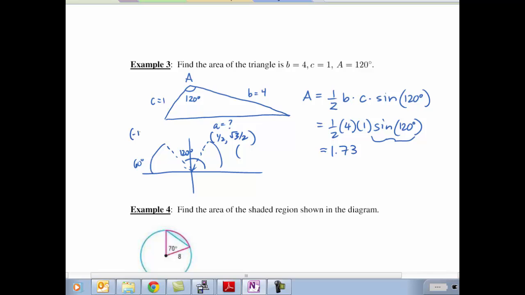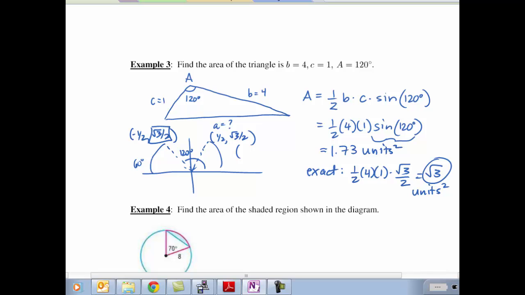So over here we'd have negative 1/2, square root of 3 over 2. So the sine value is square root of 3 over 2. So we could get this one exactly. So we'd have 1/2 times 4 times 1 times square root of 3 over 2, which is just going to give us square root of 3 units squared. So the approximate value would be 1.73, but since they didn't ask us to approximate, and since we can find that value exactly, it's better to leave it as square root of 3.